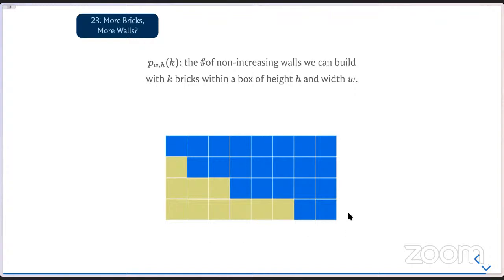So I want to write 10 as a sum of a few things, but I'm not allowed to say something like 9 plus 1, for instance. The reason for that is 9 would overshoot the boundary of my bounded box on the height end. And I could also say something like 10 is 1 plus 1 plus 1 on and on 10 times, but that's also not allowed because then I would overshoot on the width end.